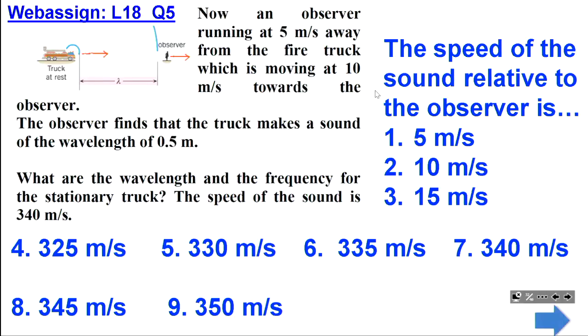And if the observer is screaming, actually he becomes a source, and sometimes the driver of the truck could have been listening to that sound and become an observer. So the names of those objects, truck, person, do not necessarily mean which is the source and which is the observer.